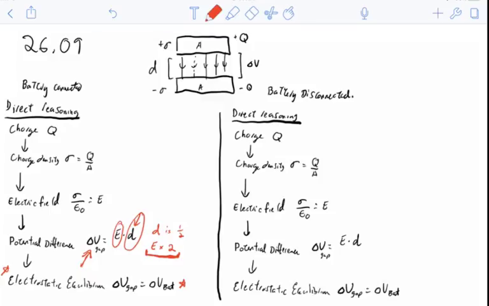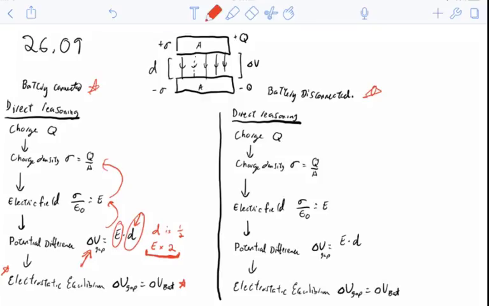Okay? Which means that if you keep the battery connected, the charge density is going to double. And that means that the charge on the plates will also have to double. And that's an interesting thing. It means that you've doubled the capacitance, but don't worry about that now, because this particular question is about comparing if you leave the battery connected before you make the change versus if you leave the battery disconnected.